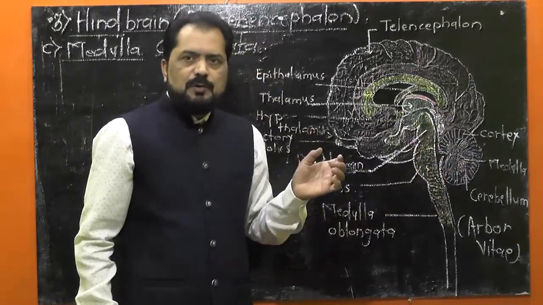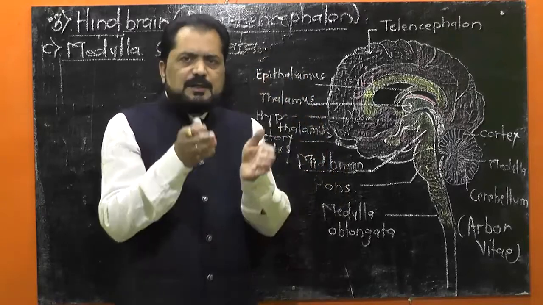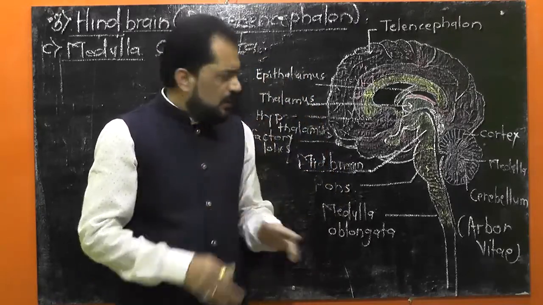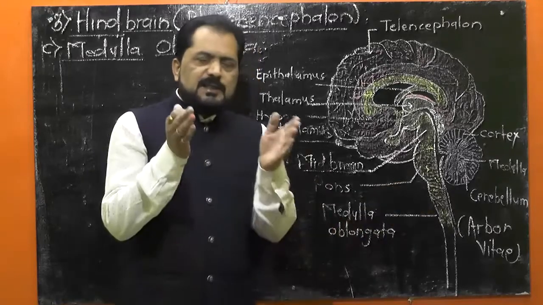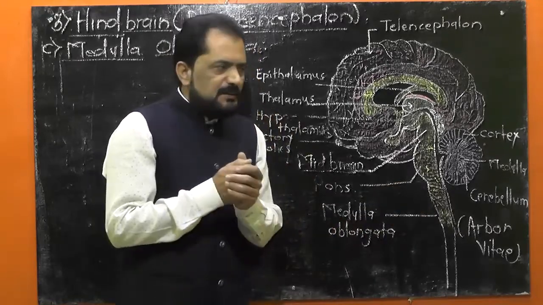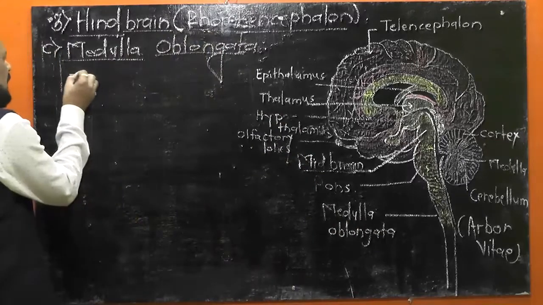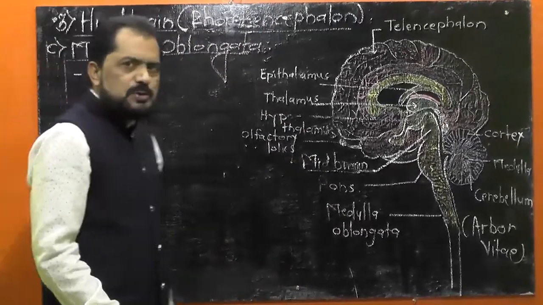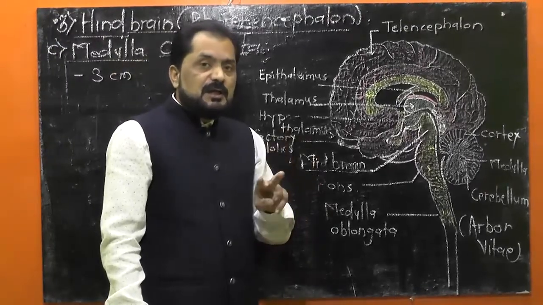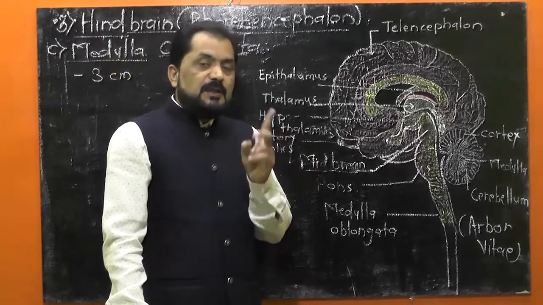Medulla oblongata is slightly pyramidal or triangular in shape. Its upper part is slightly broad and lower part is slightly narrow. The length of medulla oblongata is near about 3 cm. It shows gray matter internally and white matter peripherally.